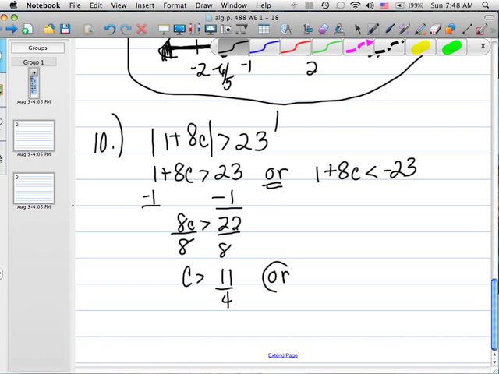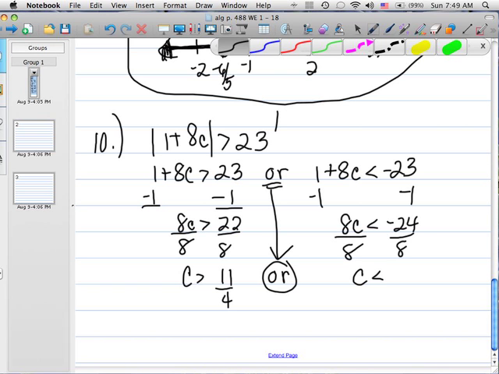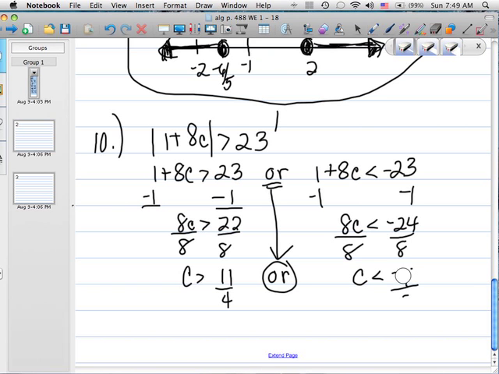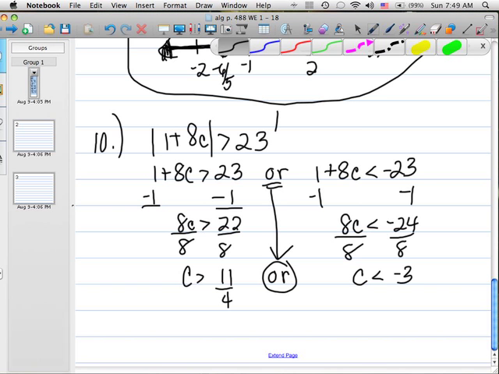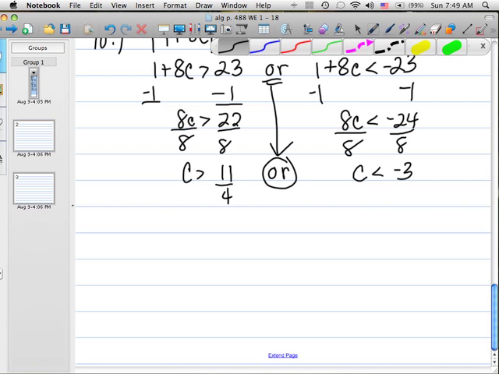Or, bring that down, solving the second inequality, subtract 1, we get 8c is less than negative 24. Divide by 8, and we get c is less than negative 3. Okay, graphing it, it's going to be an Egyptian.